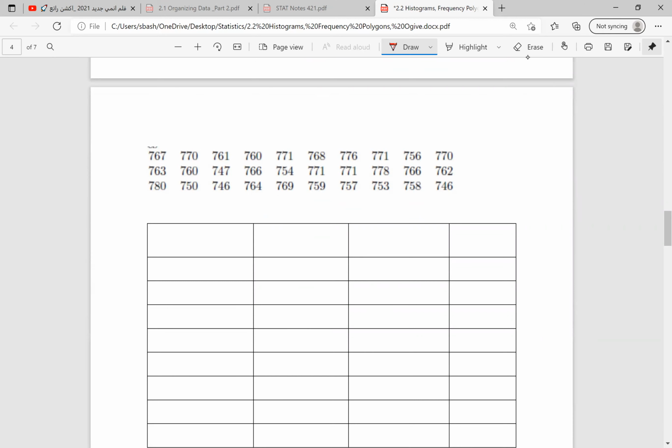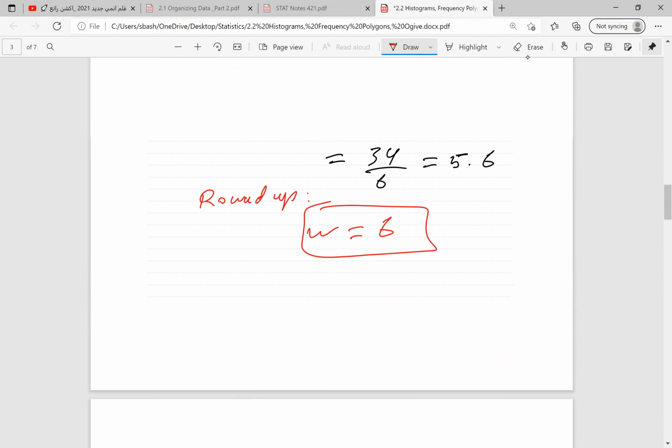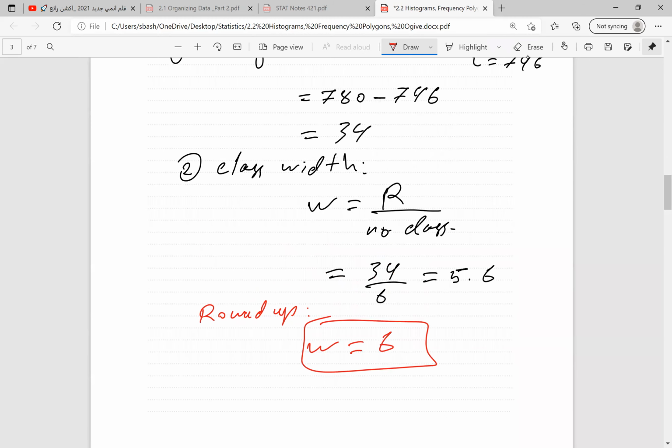As I mentioned, you can see the range is 34, more than 20. So we are going to use grouped data.